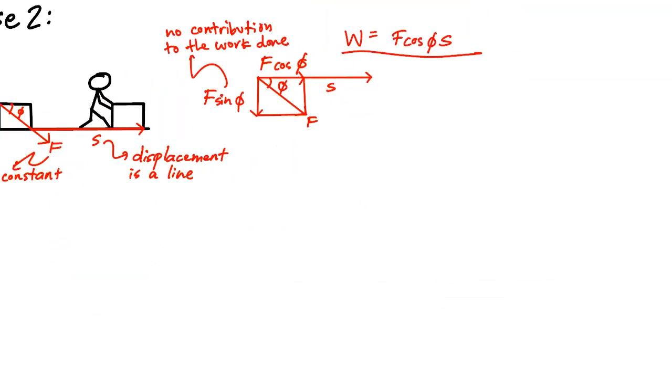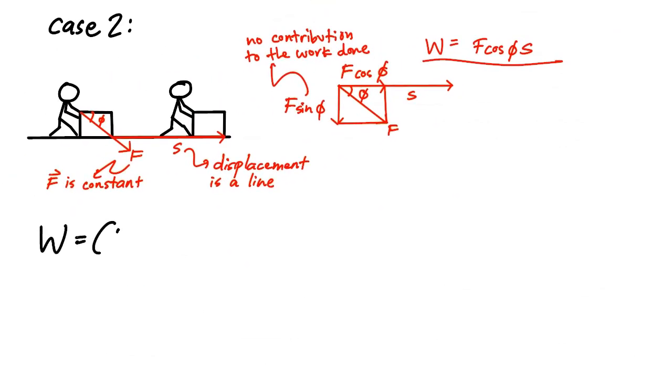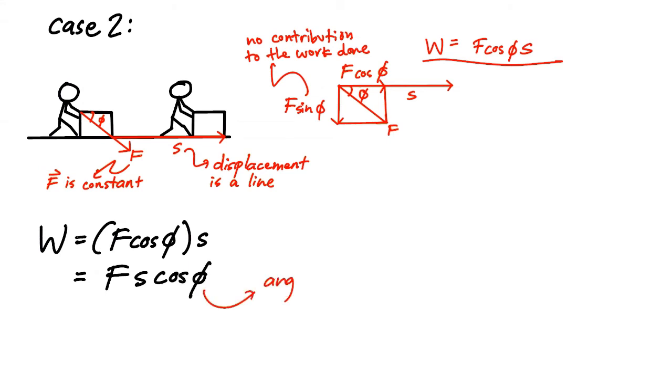So work done is F cosine phi times S, or we can rearrange this, Fs cosine phi. Now yung angle natin phi, this is the angle between our force and our displacement as seen here.